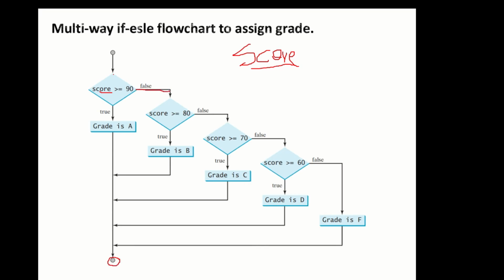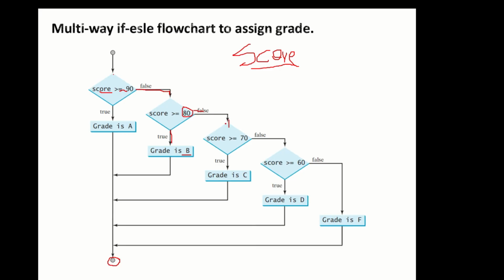If false, it may be less than 90. If it is not 90 or above, it may be under 80. If exactly 80, the grade is B. If false, it is not between 80 and 90, so the grade may be under 80.